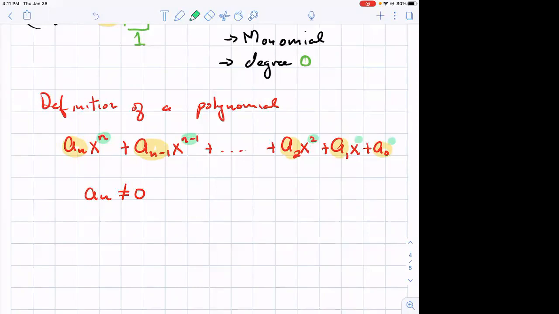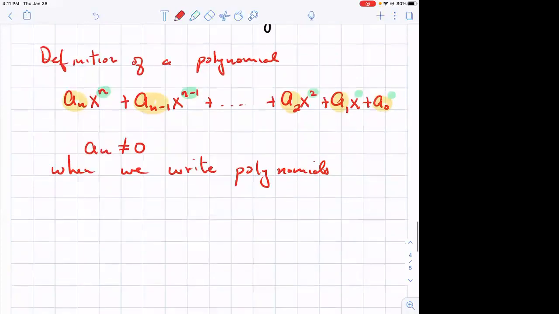So you will notice that when we write polynomials, the power or the degree decreases.